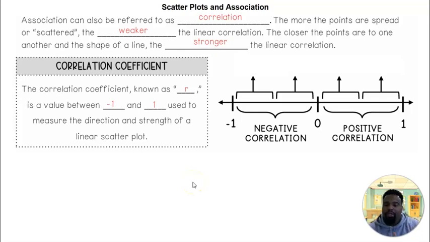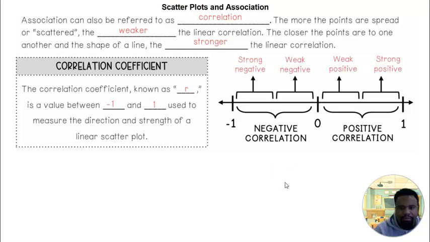The closer you are to 1, the stronger the positive association you can have. -1 is the strongest negative association you can have. So the closer you are to 1, the stronger the positive association. The closer you are to -1, the stronger the negative association. And so that's the range from strong to weak with our positive and negative correlation.